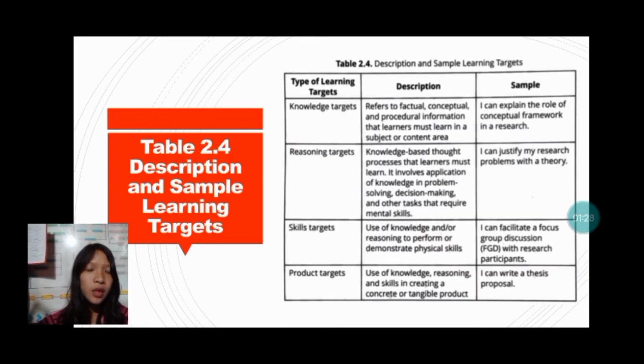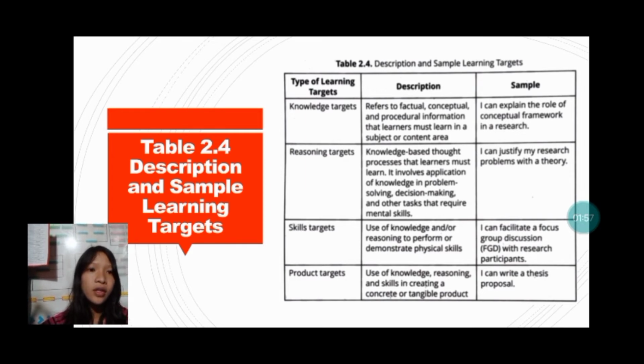So, in Table 2.4, description and sample learning targets, the type of learning targets, namely knowledge targets, its description refers to functional, conceptual, and procedural information that learners must learn in a subject or content area. Example, "I can explain the role of conceptual framework in a research."